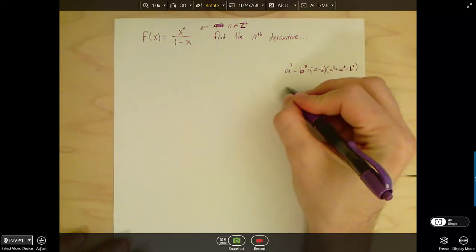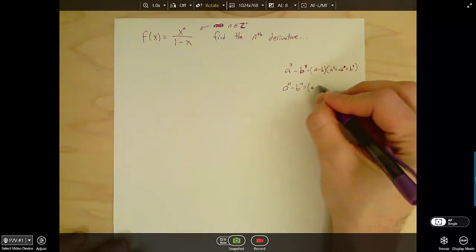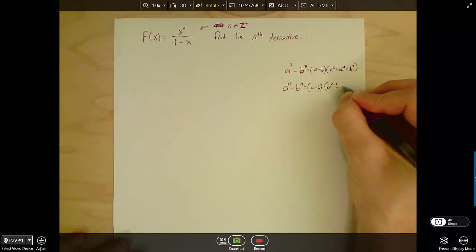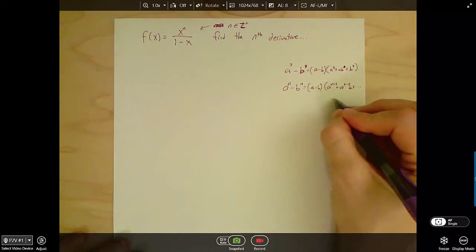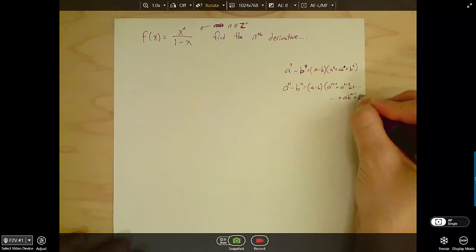And in general, if you have a to the n minus b to the n, you could rewrite that as a minus b times a to the n minus 1 plus a to the n minus 2 b, and so on, until at the other end you would have a b to the n minus 2 plus b to the n minus 1.